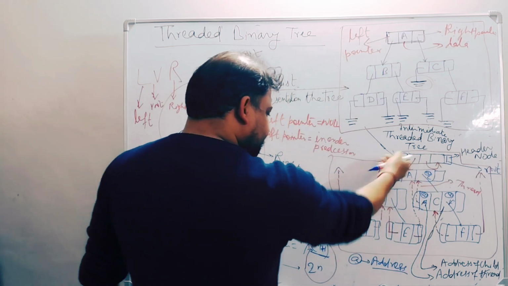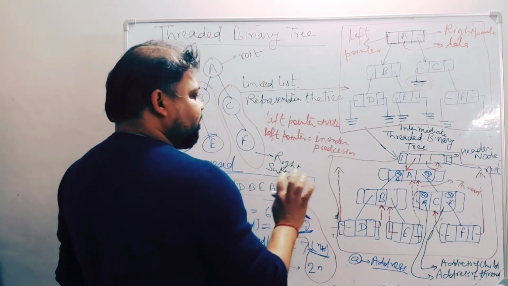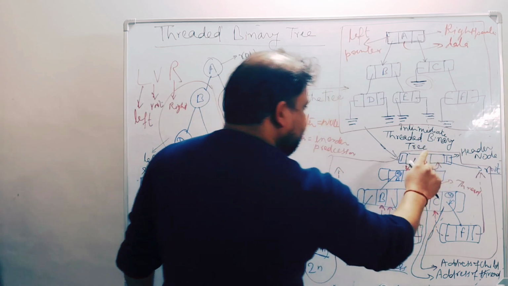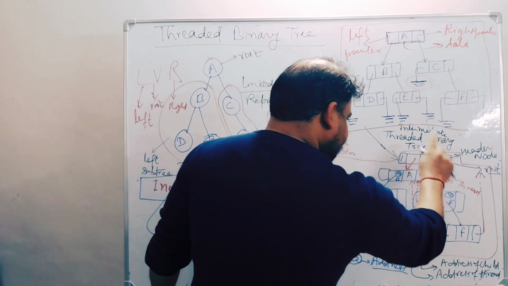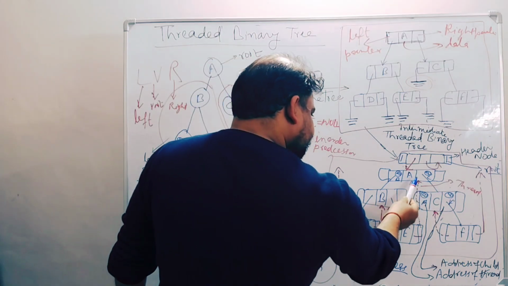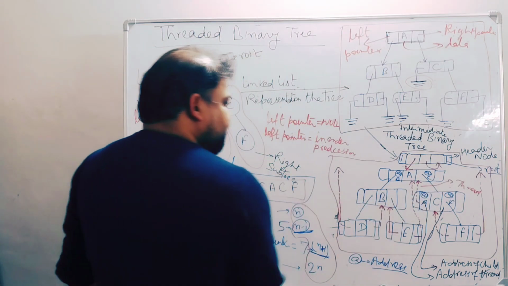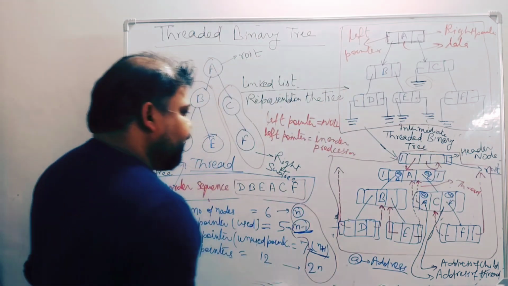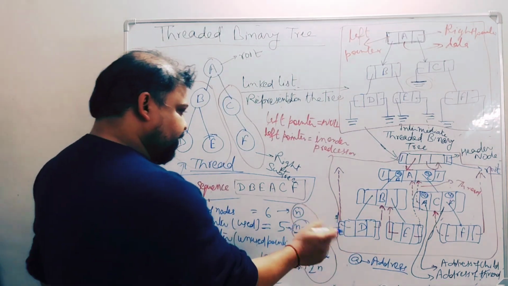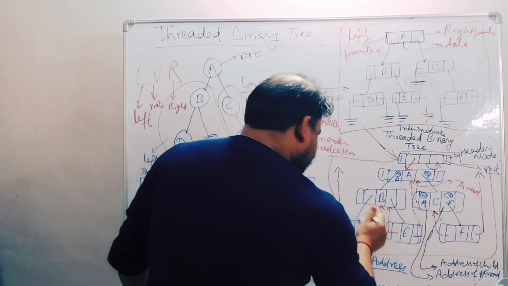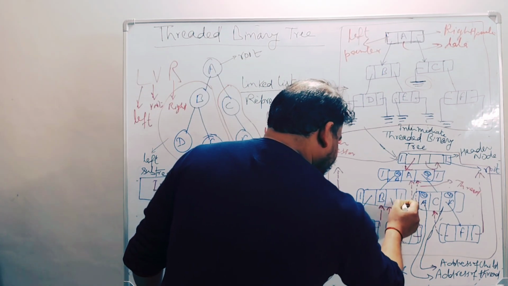Because in the left child this entire tree is a subtree, and in the right child it is pointing to itself, so once again it is 1. In the similar manner, for A, because it has both children, that will be 1 and 1. In case of B, once again there are 2 children, so that is 1 and 1.